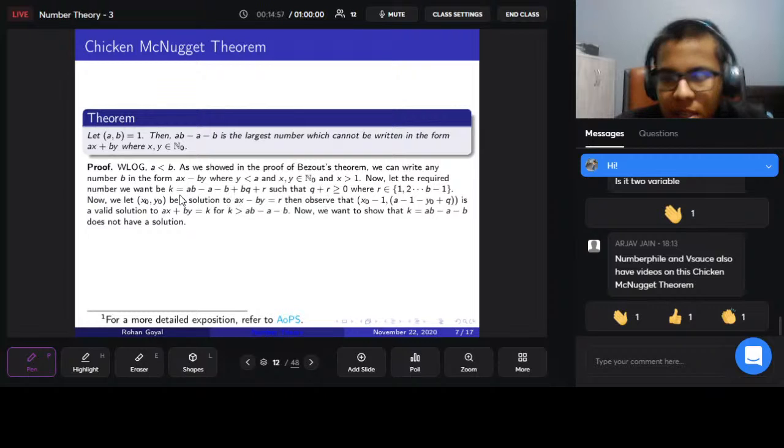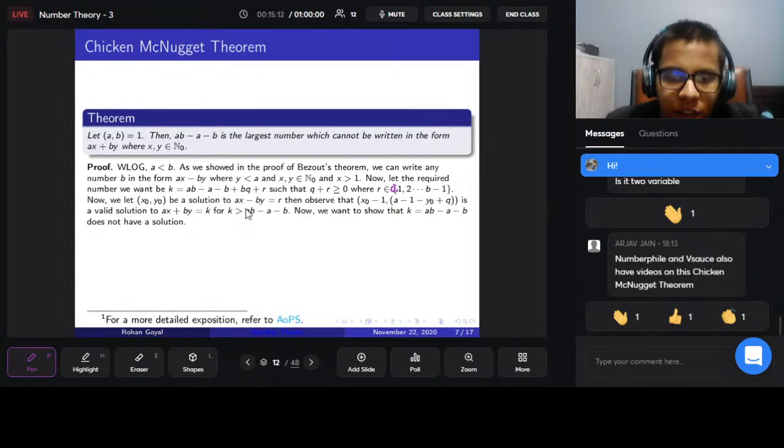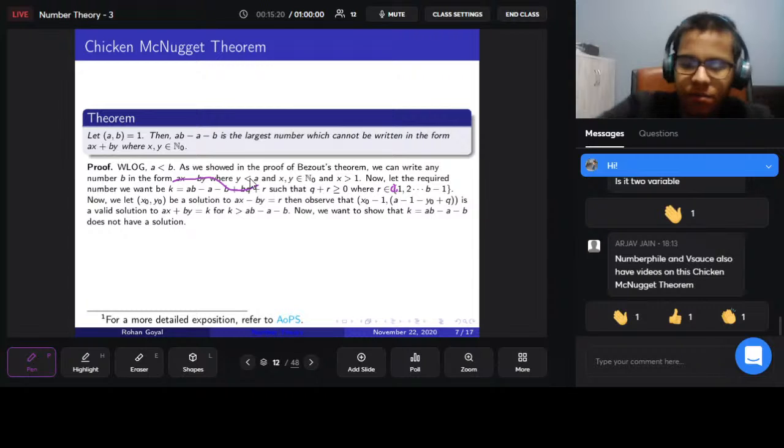Then only K is greater than AB minus A minus B. And R is one of the set 0, 1, 2, 3, and so on. Now let x0, y0 be a solution to ax minus by equals r. That comes from Bezout's theorem with this condition.